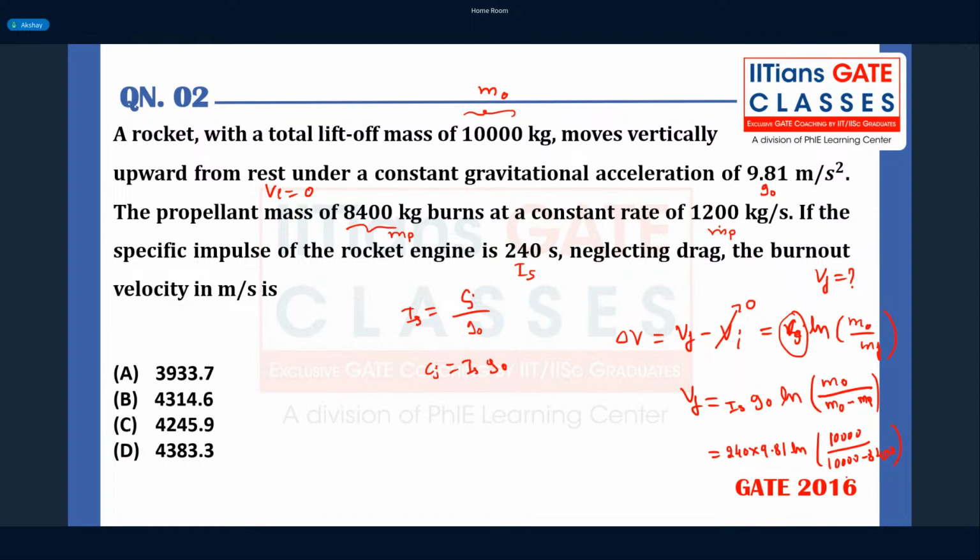Anybody calculated? Anybody with the numbers? Okay. So you should get the final velocity or the burnout velocity to be 4245.9 meters per second.